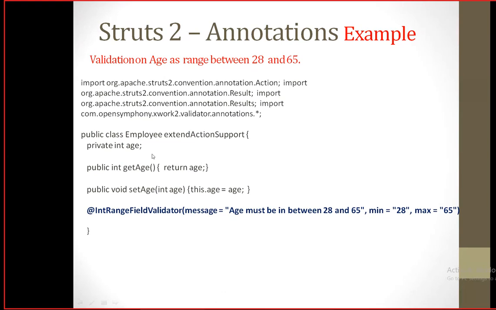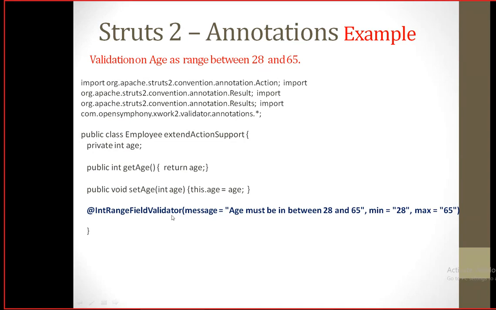So what we did, we are using the same validation example in which the age should be between 28 and 65, and except the two functions, we are having the annotation @IntRangeFieldValidator. If any input field will have an integer value, then we will use this annotation to validate the value of the integer field.